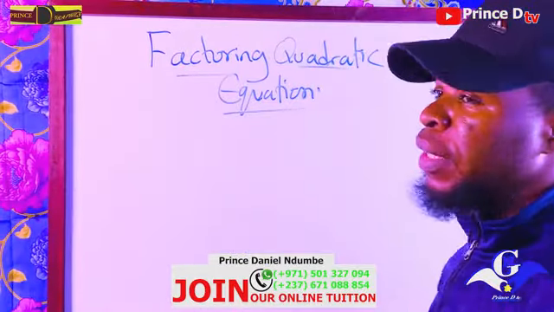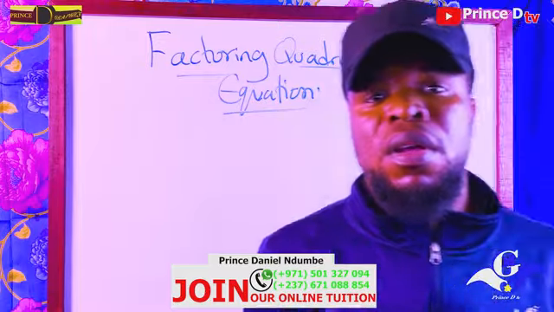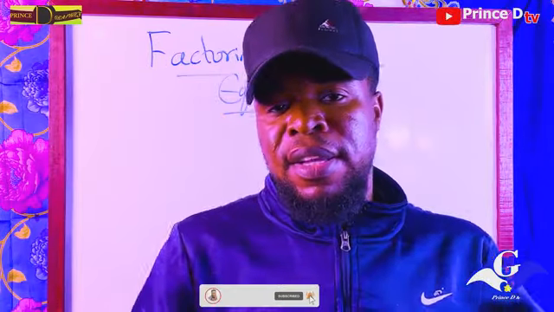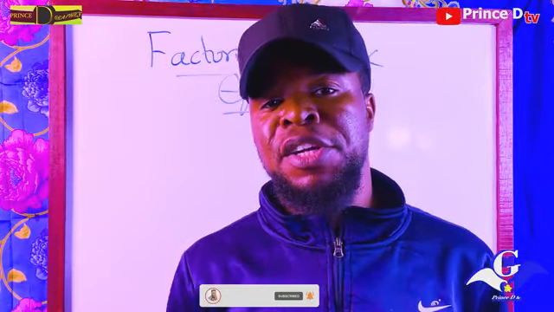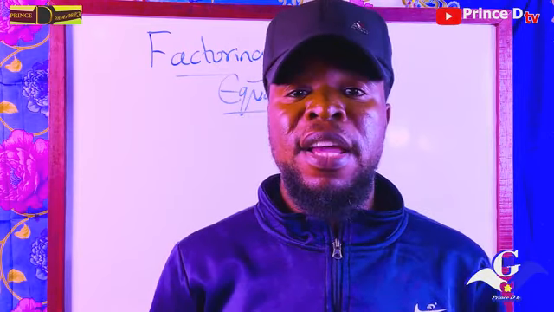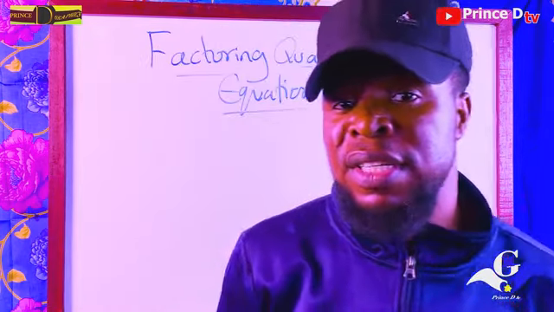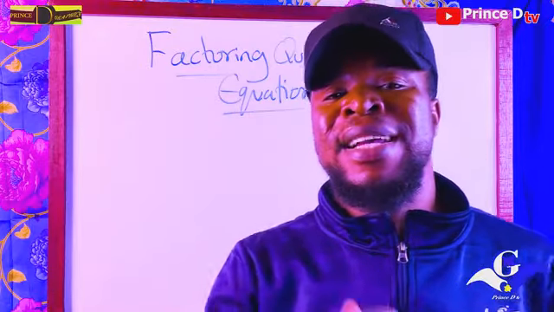Now, factoring a quadratic equation simply means expressing this quadratic equation in the form of two binomials. Remember, we said a quadratic equation is a form of a polynomial, right? So when we talk of a binomial, we mean two terms. So we need to express this quadratic equation in the form of two binomials.